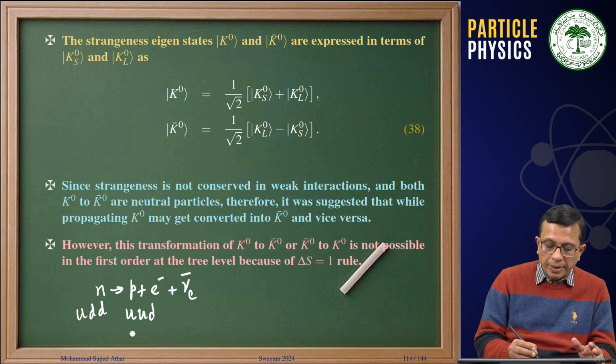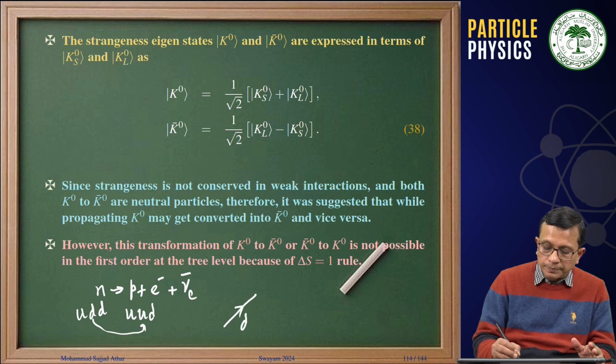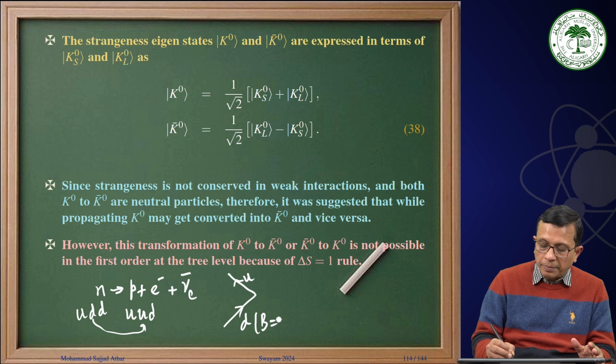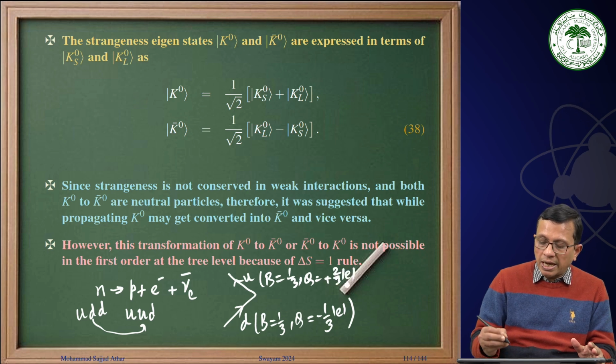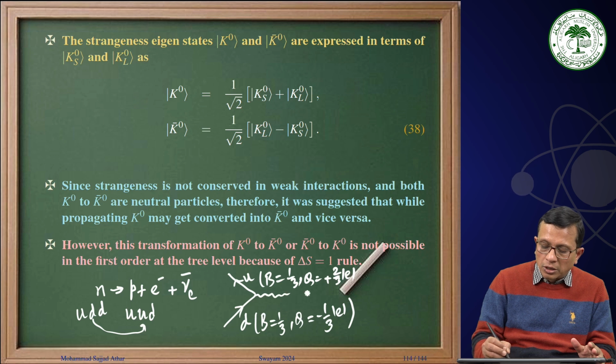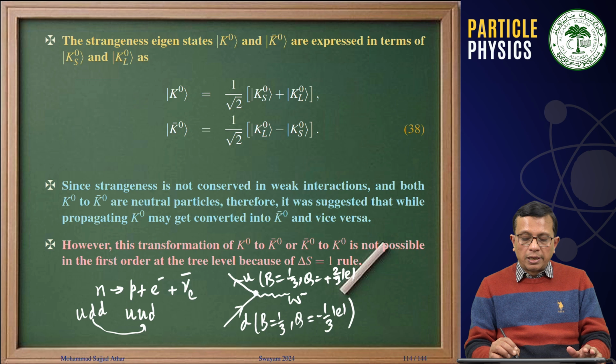That means what is happening in the beta minus decay? A d is changing to u. How can a d change to u? The d quark has baryon number 1 by 3 and charge minus 1 by 3 in units of electronic charge, while the u quark has baryon number 1 by 3 and charge plus 2 by 3. This can happen if the d quark emits a W minus and gets converted into a u quark.